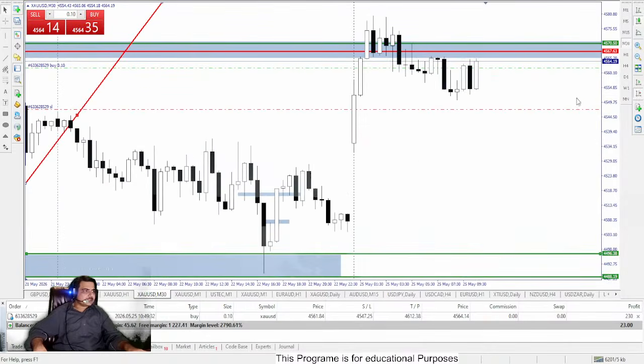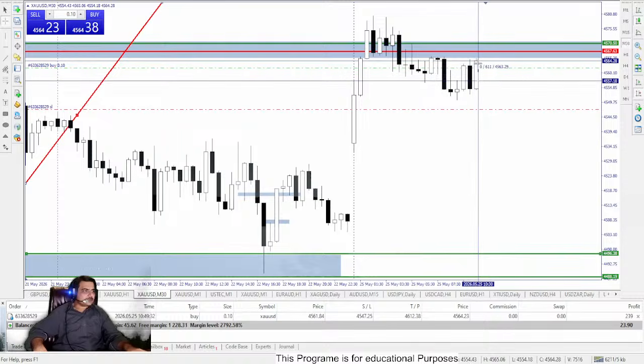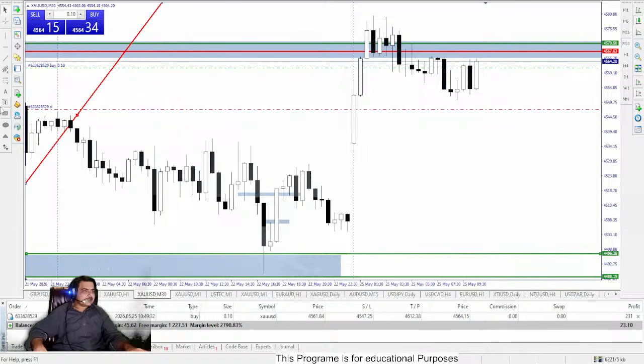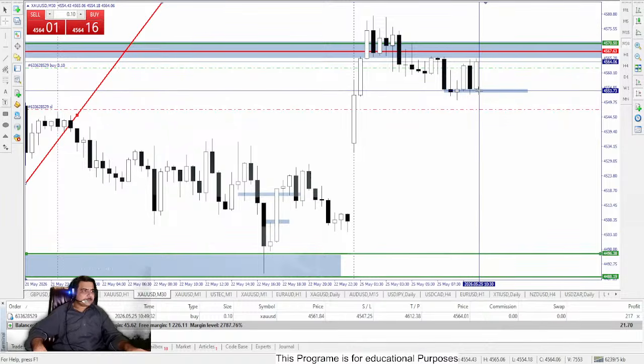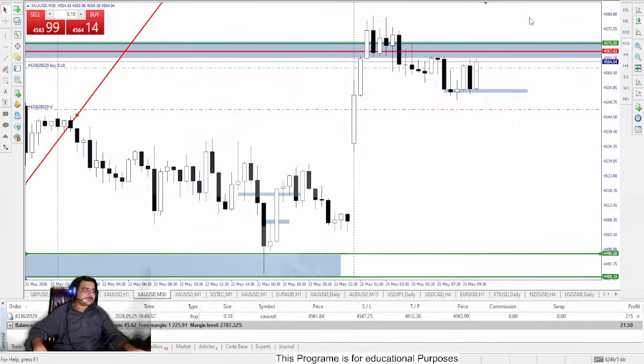M30 closing in 6 minutes, so let's see if it closes bullish engulfing, will be fun. Then the next candle can hardly come back down to this price point, and then from here continue bullish. Good scalping opportunity that will be.